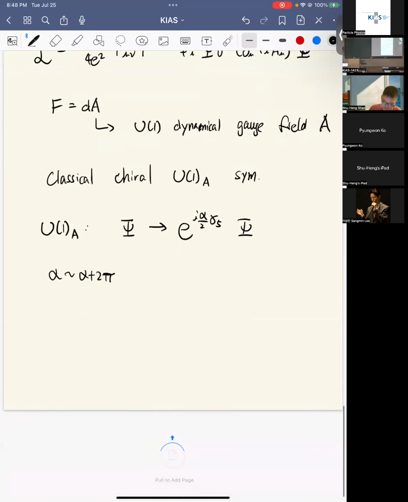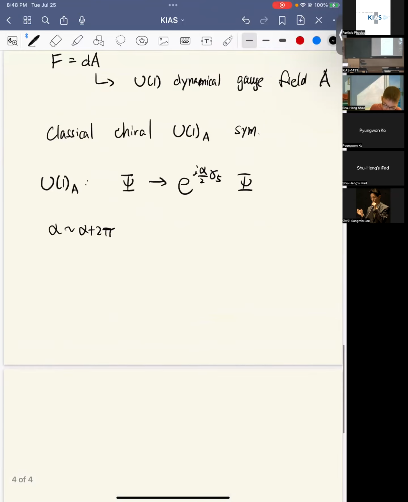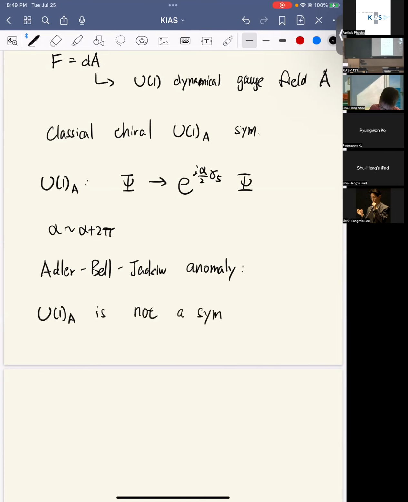Now, famously, the classical chiral U1 symmetry is anomalous. And that's the famous Adler-Bell-Jackiw anomaly. It says that U1A is not the symmetry quantum mechanically.